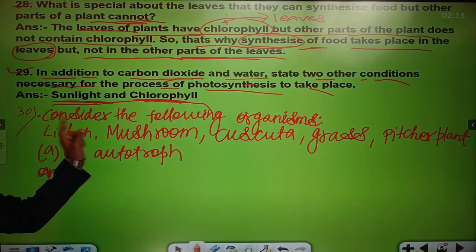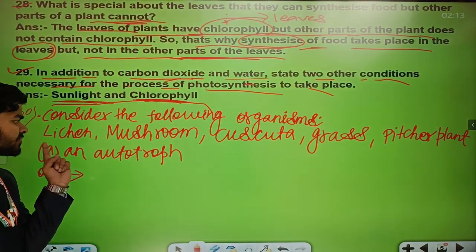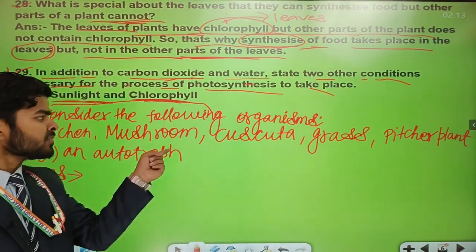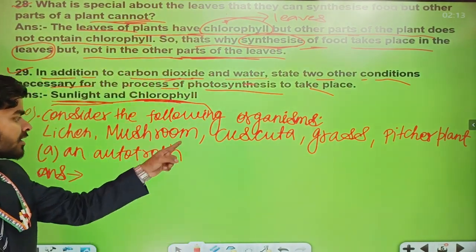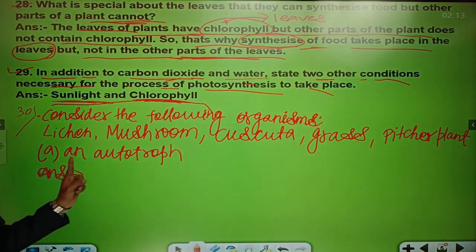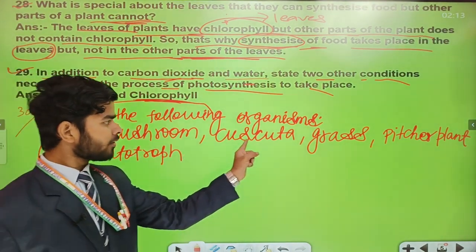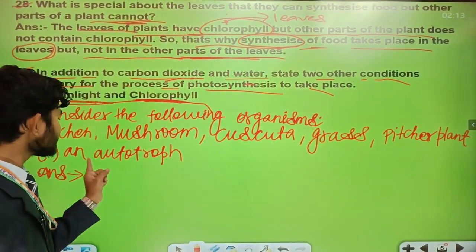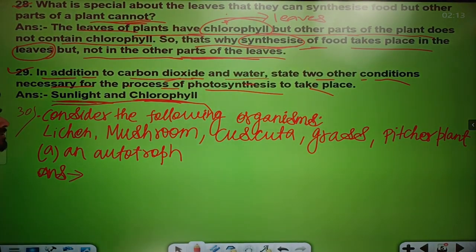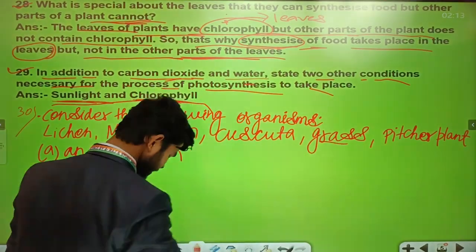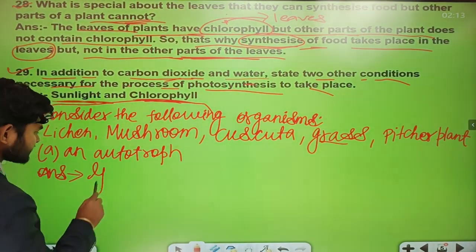The question is asking that you have been given the names of the following organisms: lichen, mushroom, cascata, grass and pitcher plant. And out of these organisms, which one is an autotroph? Choose one organism which is an autotroph, that means it can make its own food. So which one is the correct answer? That is grass. Grass is the correct answer.